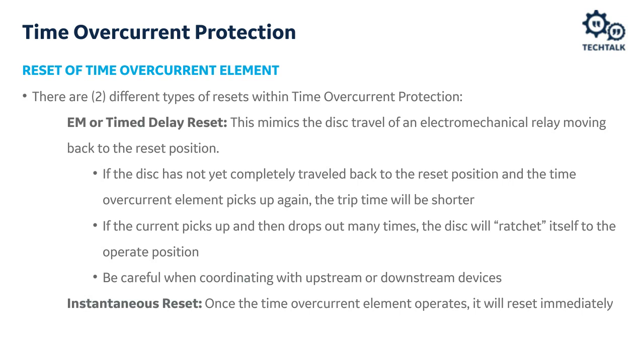And if you have subsequent reclose shots, you can basically ratchet that disk into an area where you could cause a miscoordination problem. So for that reason, if you're coordinating microprocessor-based relays with electromechanical relays in a distribution system that has reclose, you should use the timed reset.